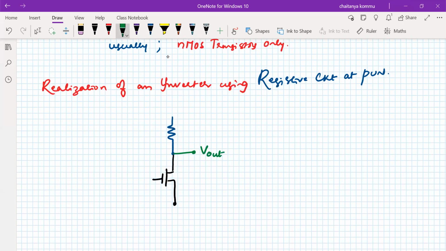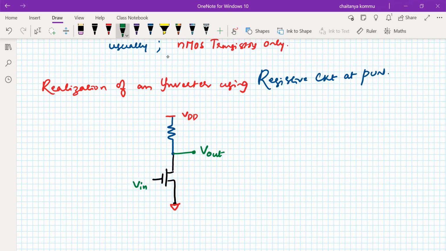Normally we take the output as a voltage, not a current. This is connected to VDD, this is connected to ground, and the input is connected to V in, the voltage input that we have to apply. So this is called an NMOS inverter with resistive pull-up.